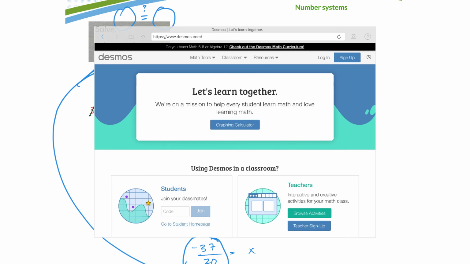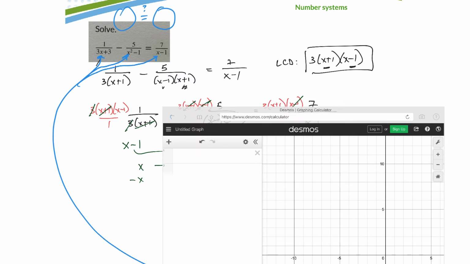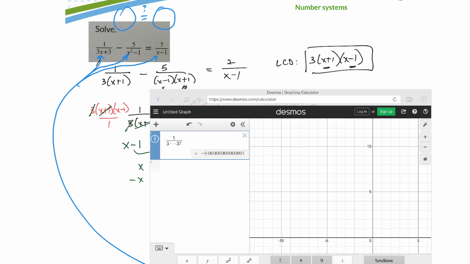Okay, decimals, graphing calculator. Whoops. Okay, so what was my answer? Negative 37 over 20. Okay, so I'm going 1 divided by 3 times negative 37 over 20, plus 3.